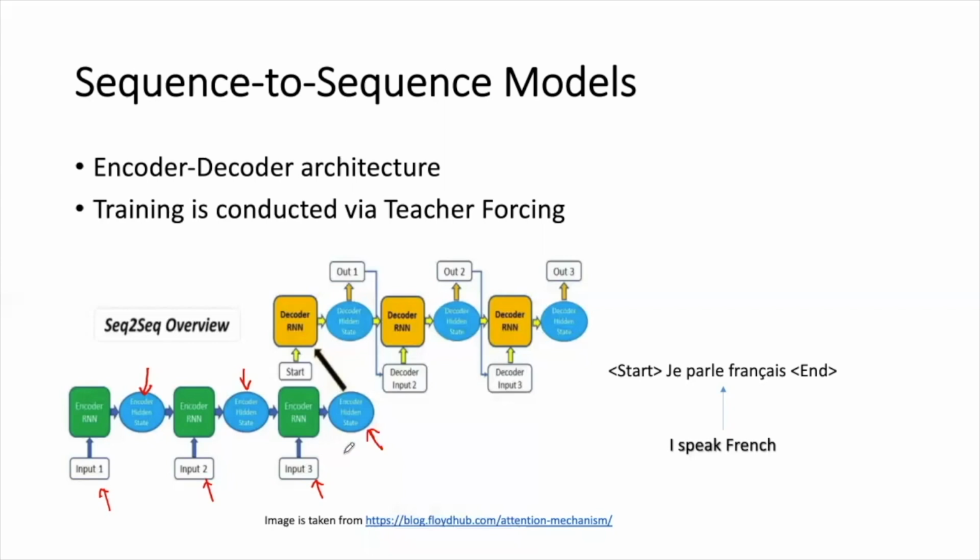Once we generate that, let's get started with the decoder portion. In the decoder, we supply this final encoder hidden state as the initial hidden state vector for the first input. The first input is a start word.